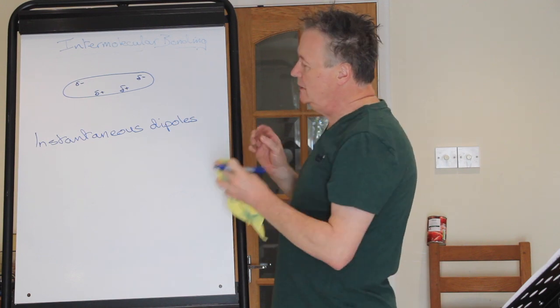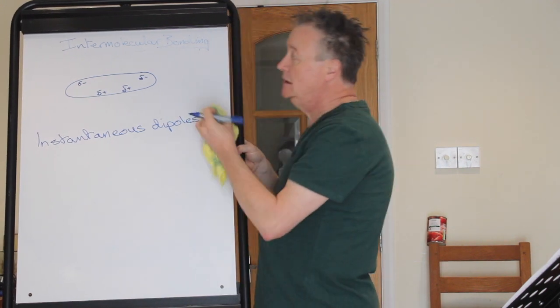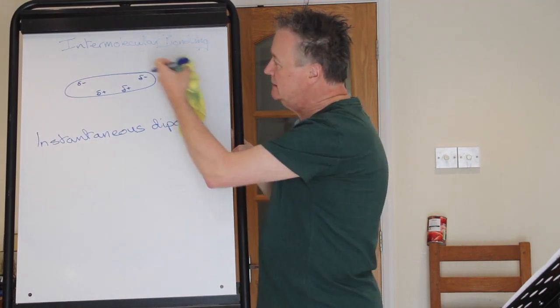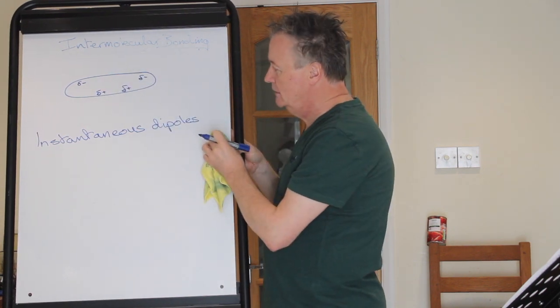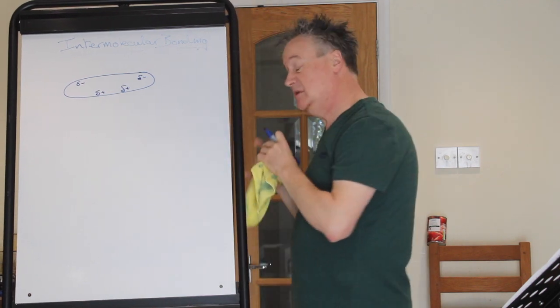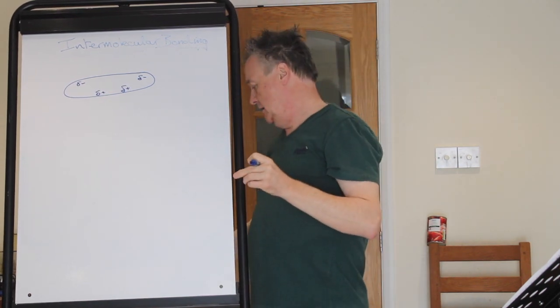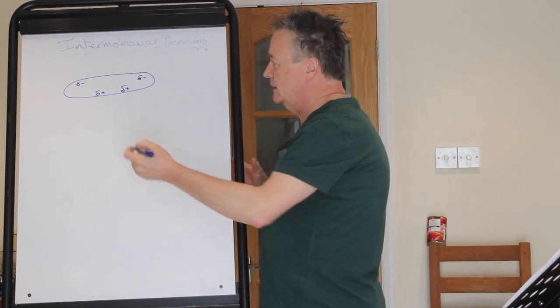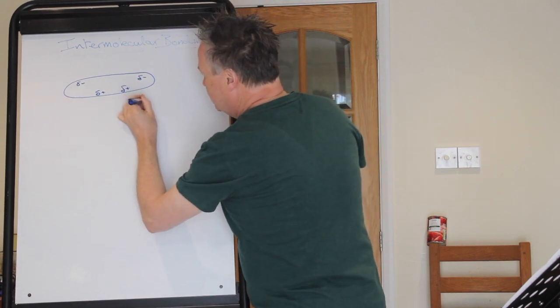So that molecule has a couple of instantaneous dipoles to look at. What happens is that the next door molecule, which to be honest is doing the same thing, but the book talks about it as being next door to it.